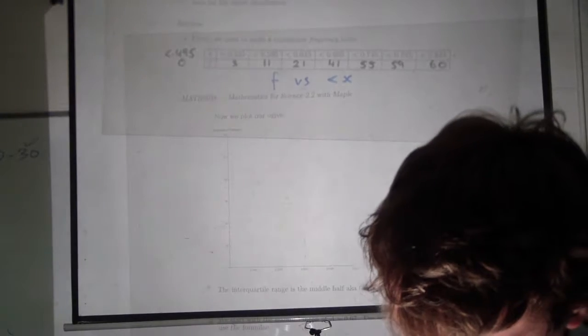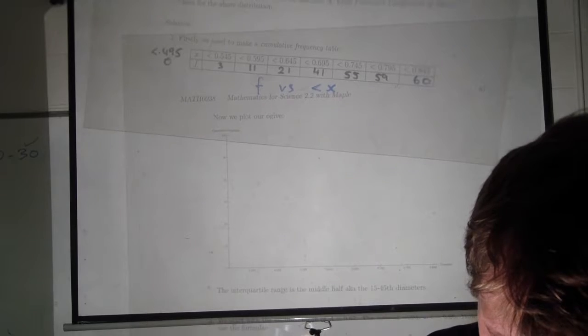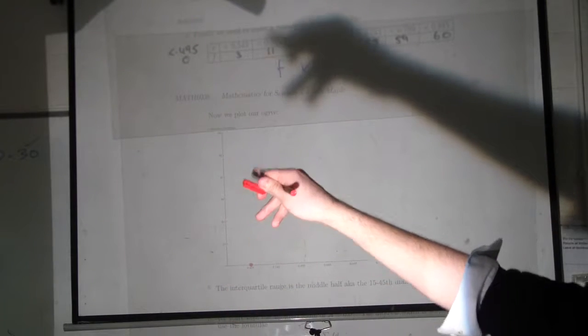I'm just going to take this away because it won't sit. So you plot these. You've got less than 0.495. We have 0. You'll probably have a nicer scale to run on. I think your one might be 0 to 10, 10 to 20, to make the boxes easier.